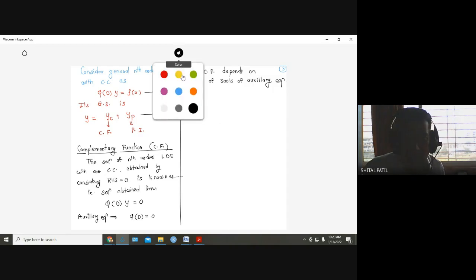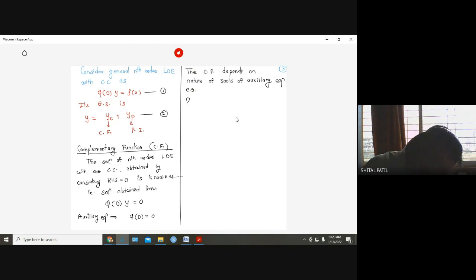So say we have this differential equation: d square y divided by dx square minus 5 dy by dx plus 6y equal to e raised to x into sin x. So we can write this as D square minus 5D plus 6, y equal to e raised to x sin x. Getting everyone? Using the notation?